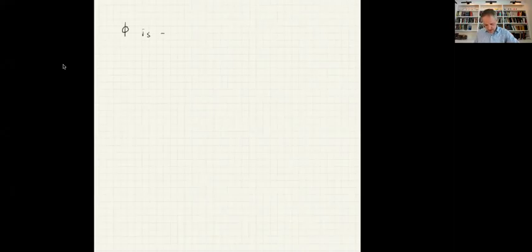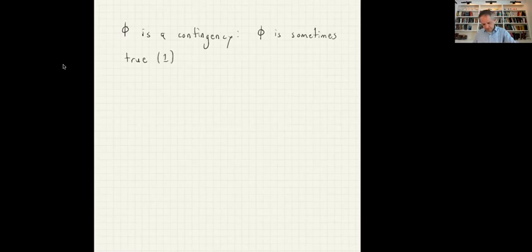Phi is a contingency means phi is sometimes true, 1, and sometimes false, 0.